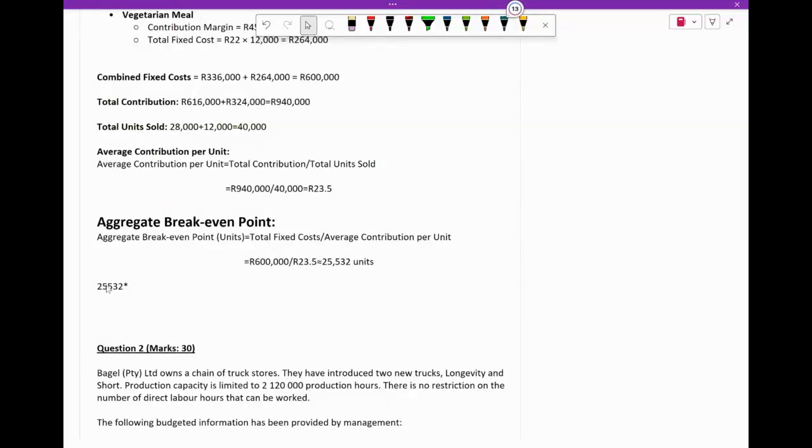Times what? If you look at question 3.2, it'll give you the answer if you've got it jotted down in your notes. And the answer is also right in front of us. Yes, we have to times by the average contribution.